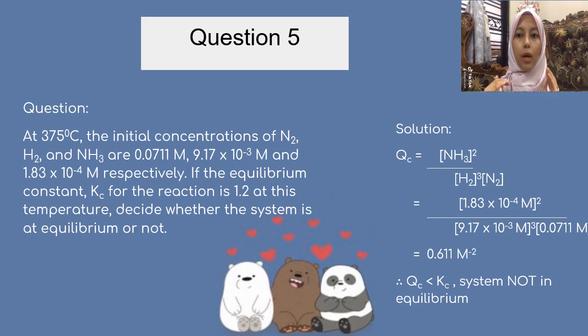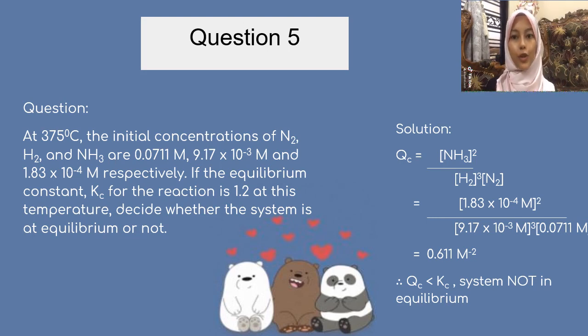It applies the powers by multiplying them. As for the unit, molar, which is written as capital M, it was M to the power of 2 divided by M to the power of 4, which makes it subtract the powers, so the molar equals M to the power of negative 2.